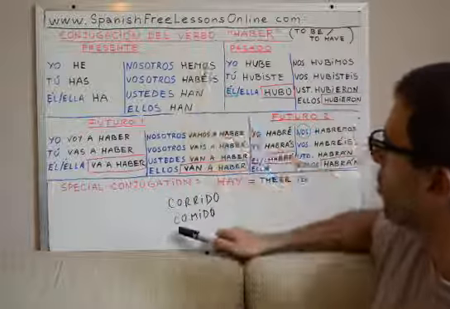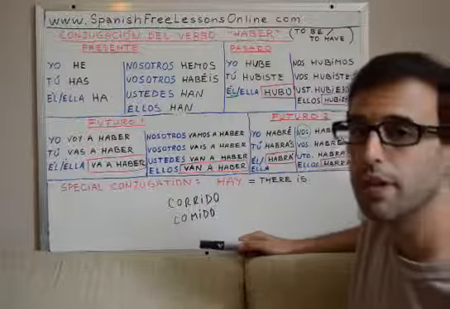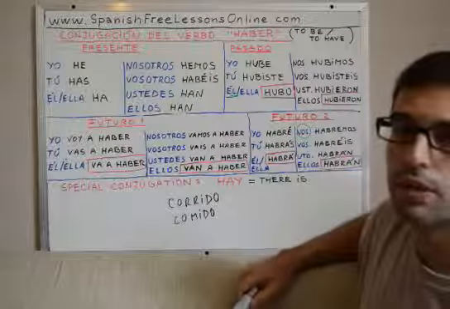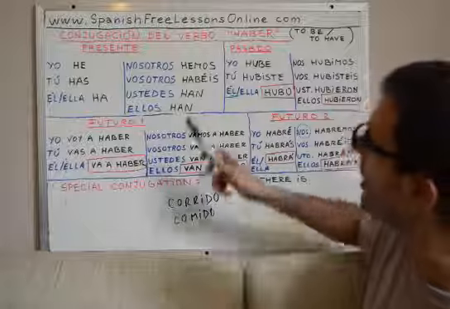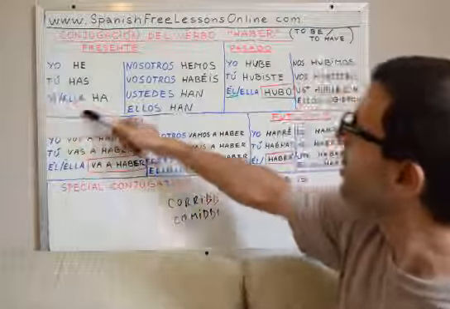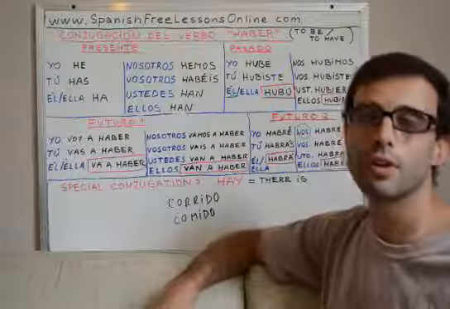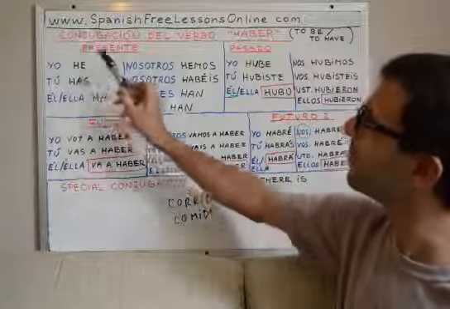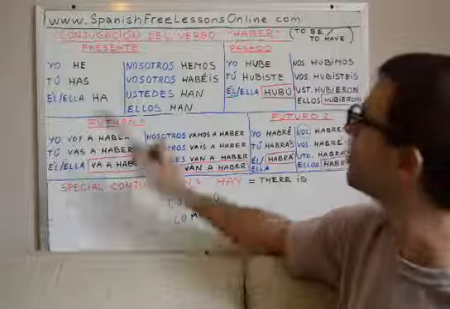Nosotros hemos comido, we have eaten. Ella ha comido, she has eaten. This is the conjugation we would use for present perfect, and this is the present tense of the verb haber.